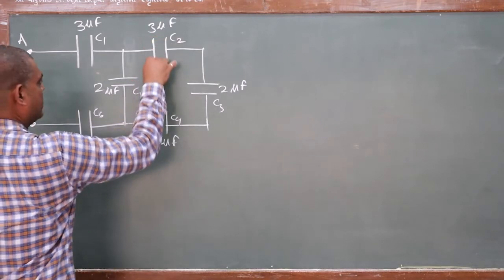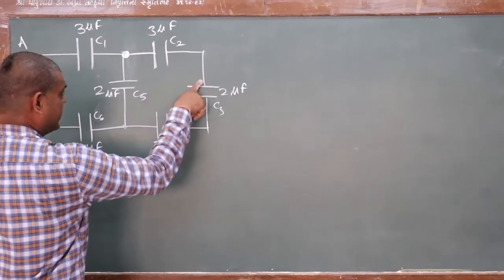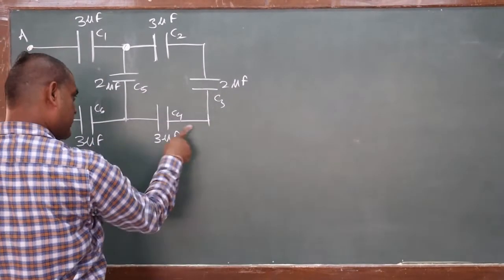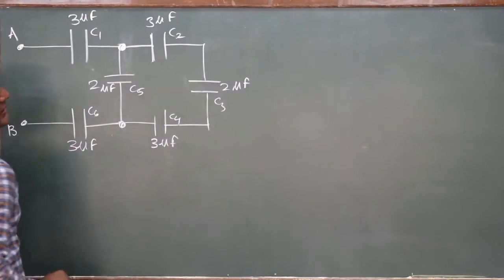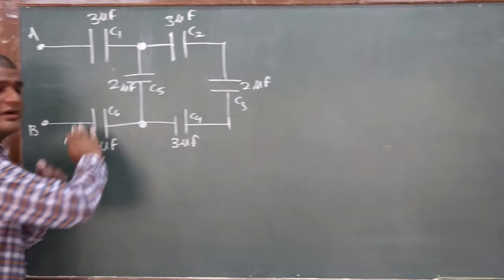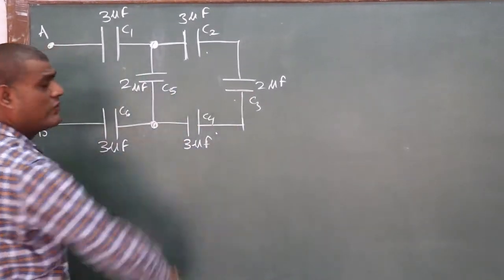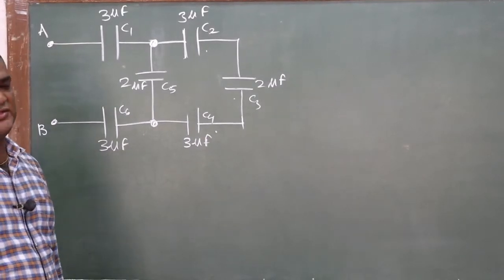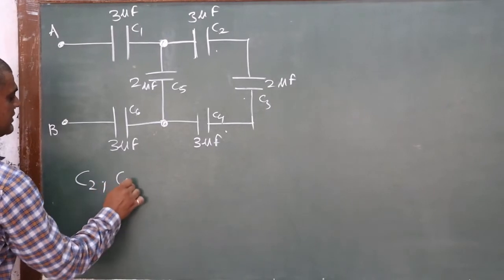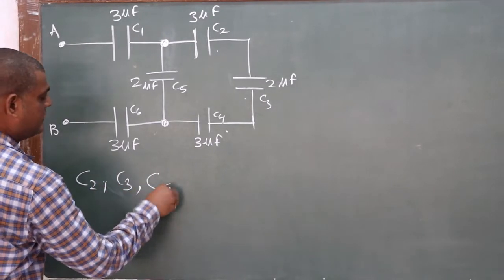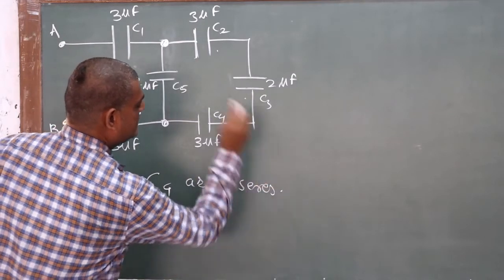See, the first terminal of the C2 is connected over here, and the next terminal is connected to another capacitor, next terminal is connected to another capacitor, and the next terminal is connected to another point. So from the observation we can consider C2, C3 and C4 are in series. Here C2, C3, C4 are in series.